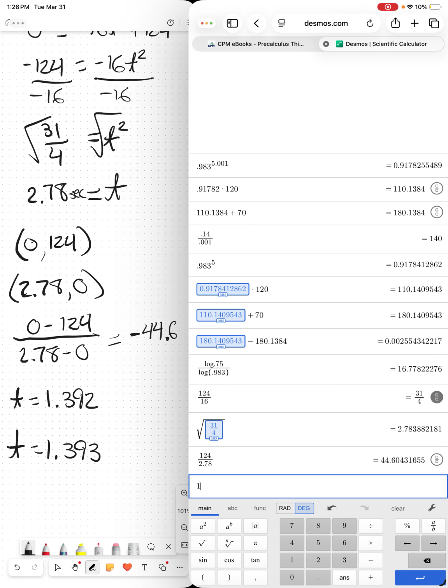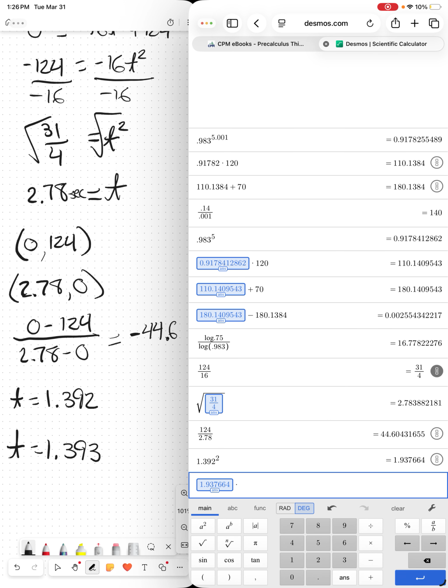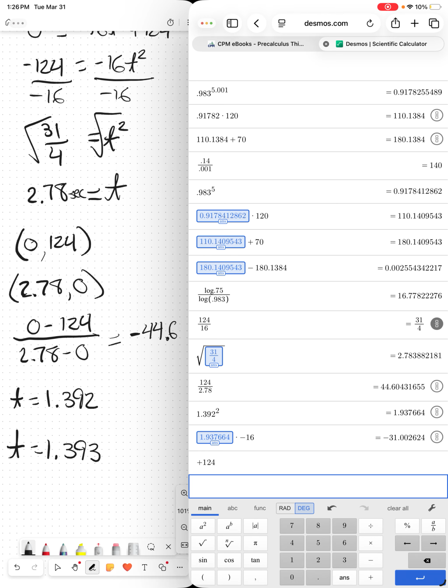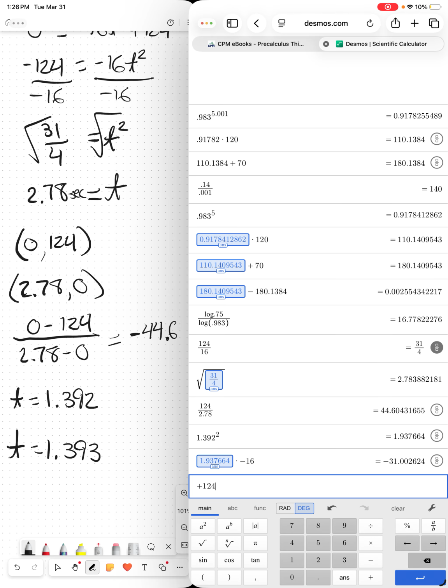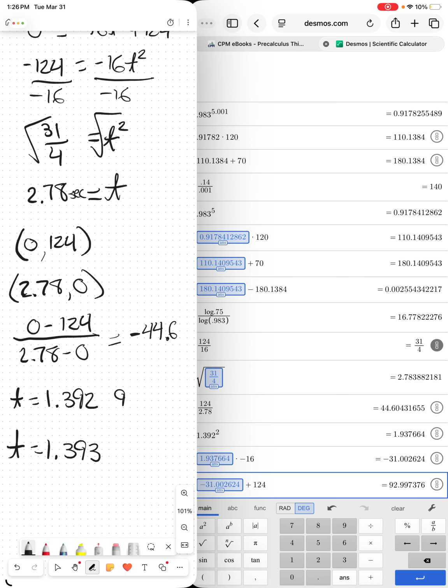So 1.392 squared times negative 16 plus 124. So this is, let's just say, 93 feet.